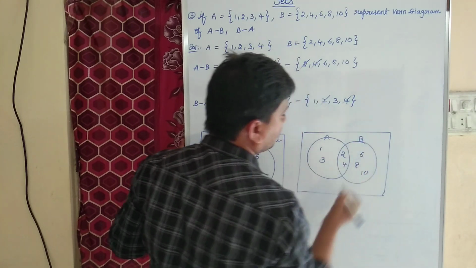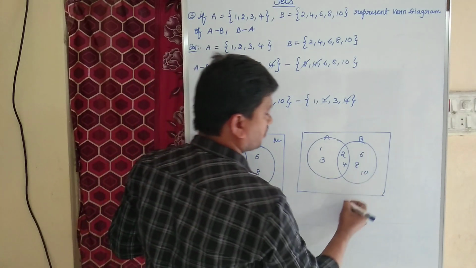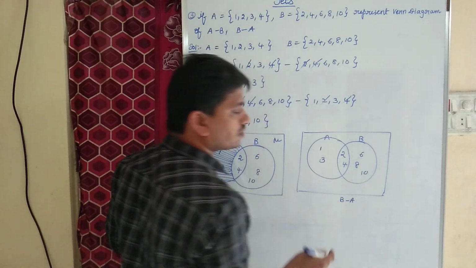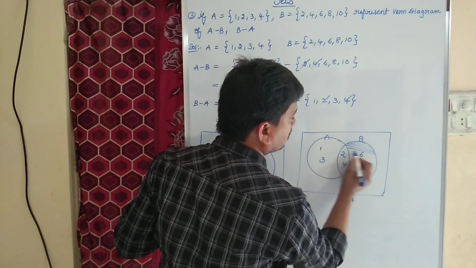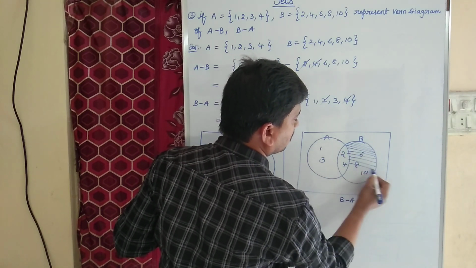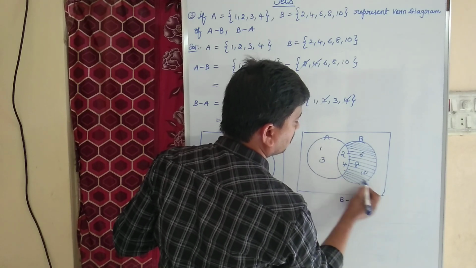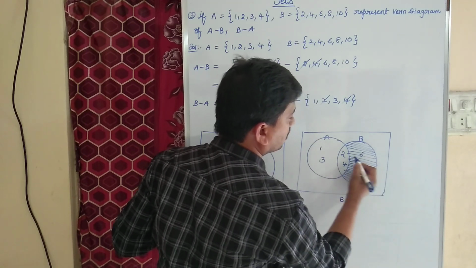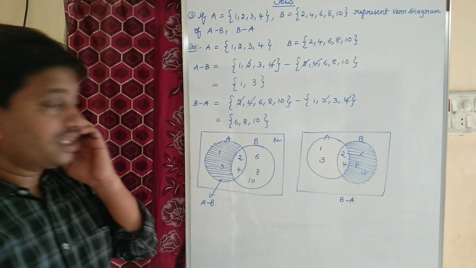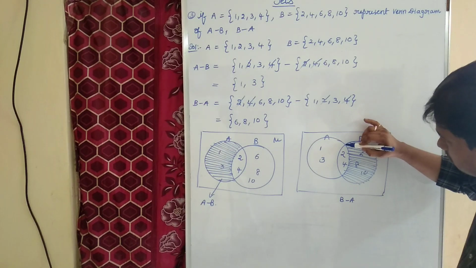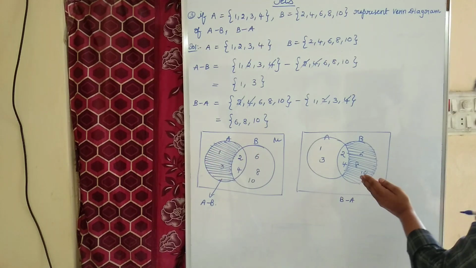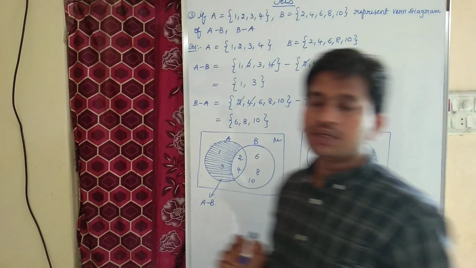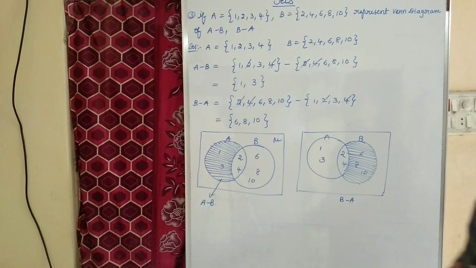This is our B minus A. B minus A means only elements in B. This part, only part B. B minus A means only this part. A minus B means only A. B minus A means only B. Children, did you understand how to represent A minus B and B minus A using a Venn diagram?